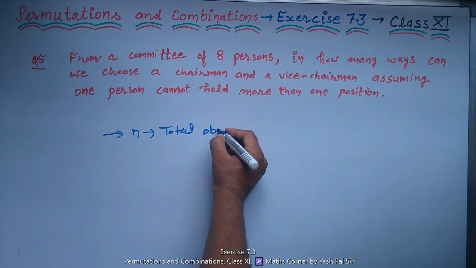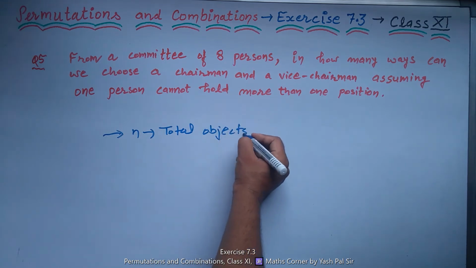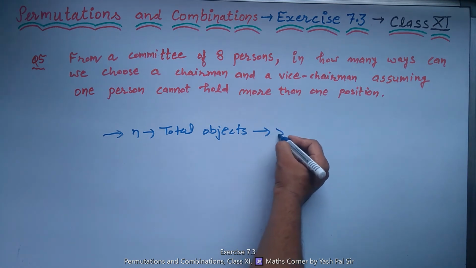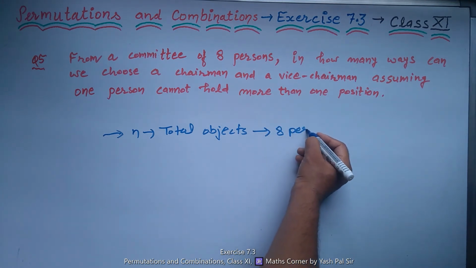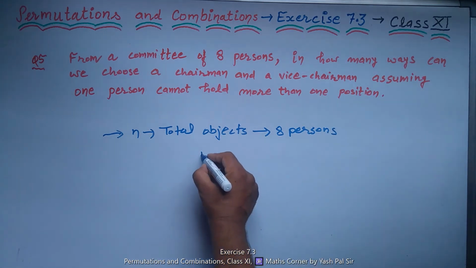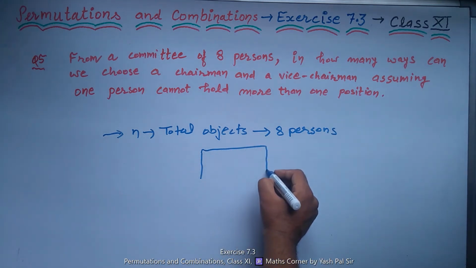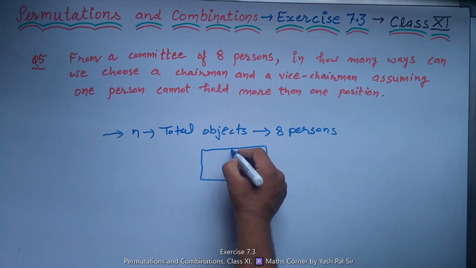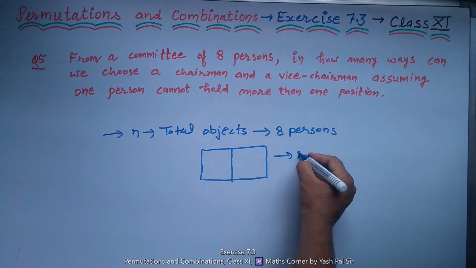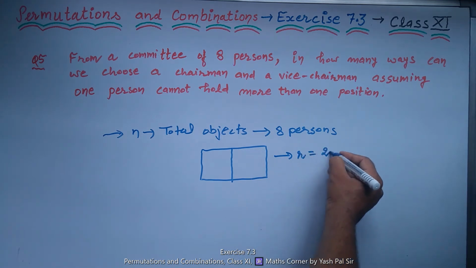Here the objects are persons, 8 persons are there. How many vacancies are there? Only 2 vacancies. So the value of r is equal to 2.